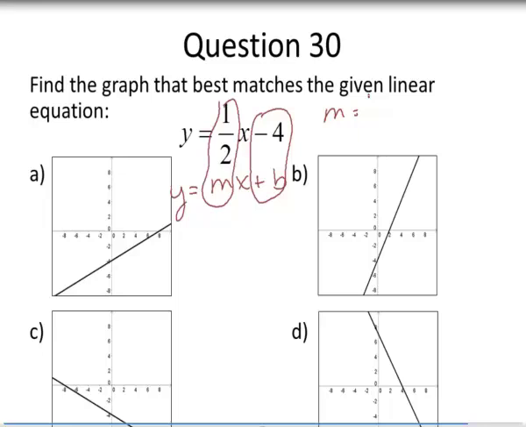So m is a half, b is negative 4. What do they mean is the question though. Yes, the m is slope. The b equals the y-intercept. Almost.